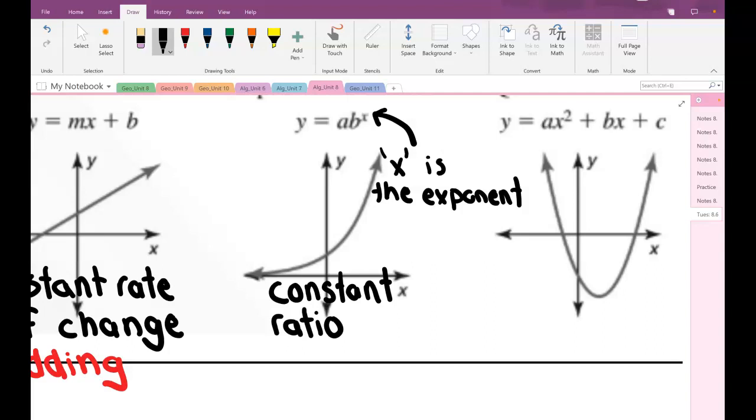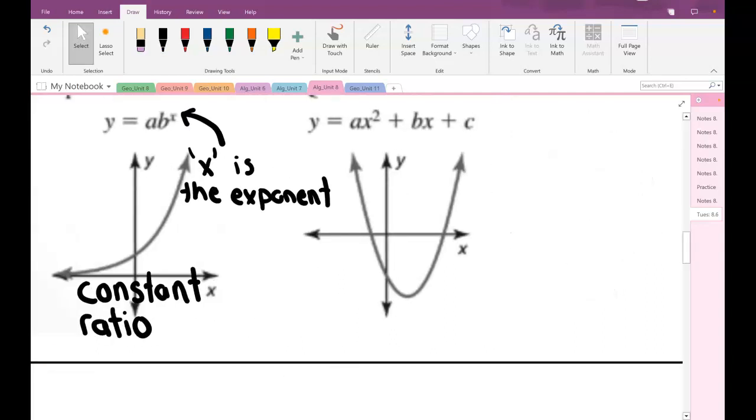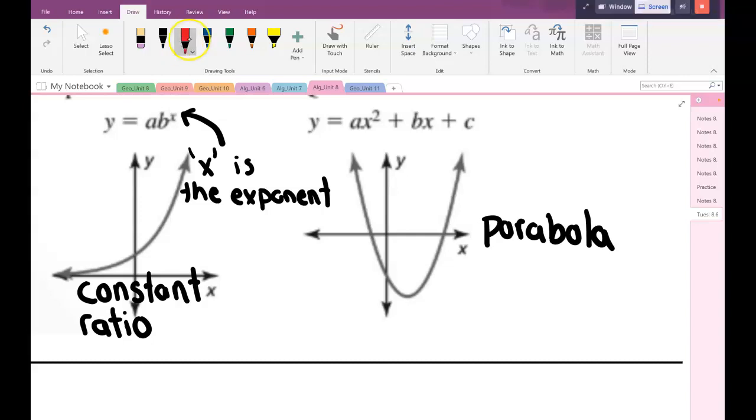And our most recent graph is our quadratic. We give the shape a name, it's a parabola. The key characteristic about a parabola is that it's symmetrical, meaning points are going to be mirrored on either side of it.